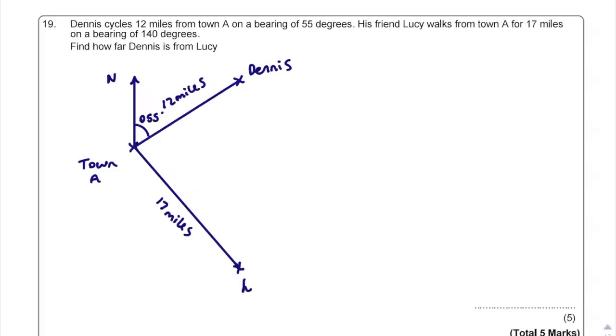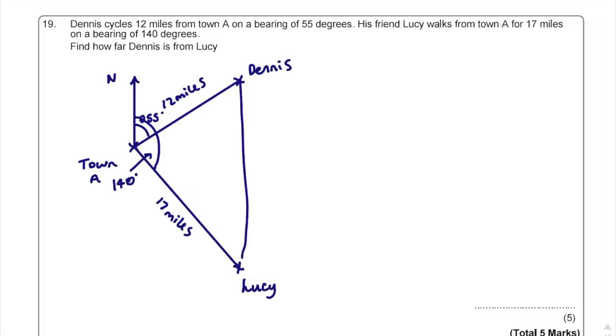This is where Lucy is, and that acts on a bearing of 140 degrees.